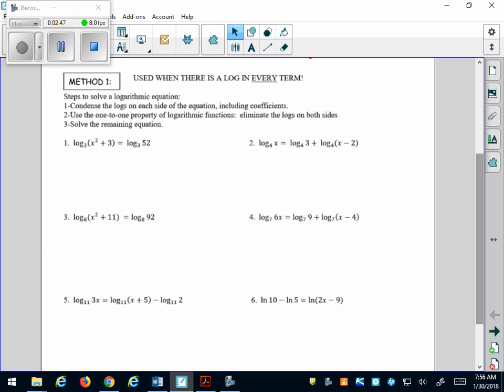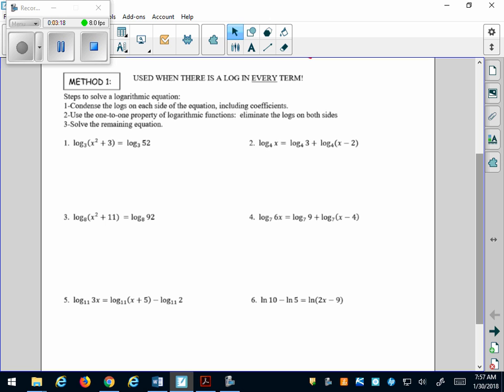Method 1 is used when there's a log in every term, which is a specific type of equation. Method 2 is going to be a different instance. Method 3 is going to be different. So the trick, when we put them all together, is getting to a problem and knowing which method you're using. But in all cases, your goal is to get a value for x.